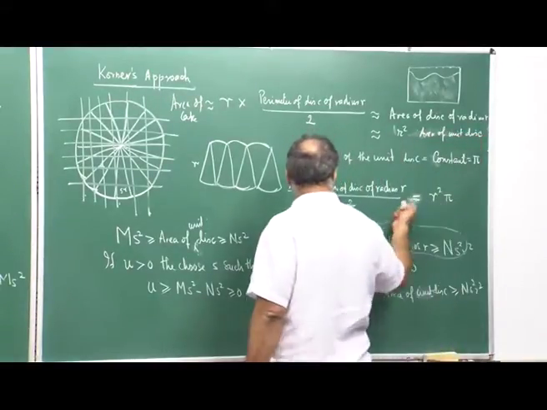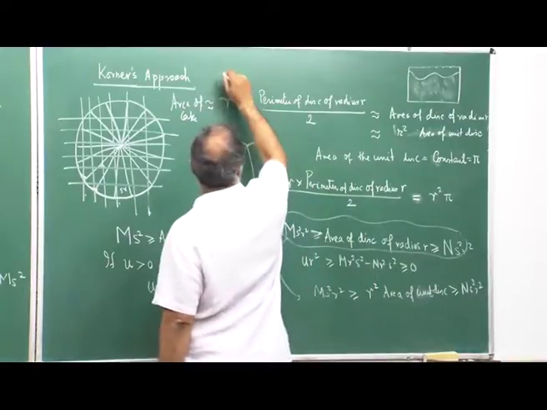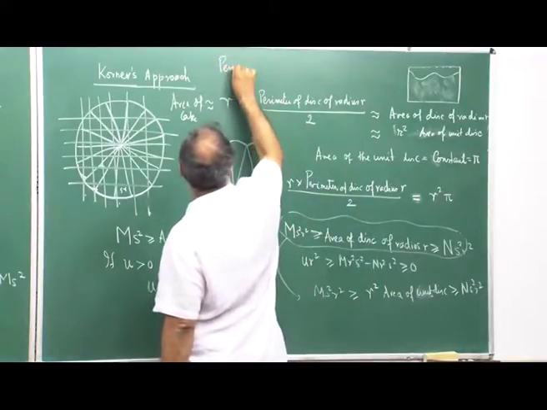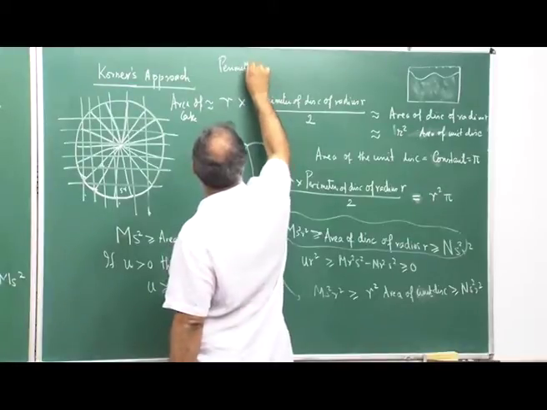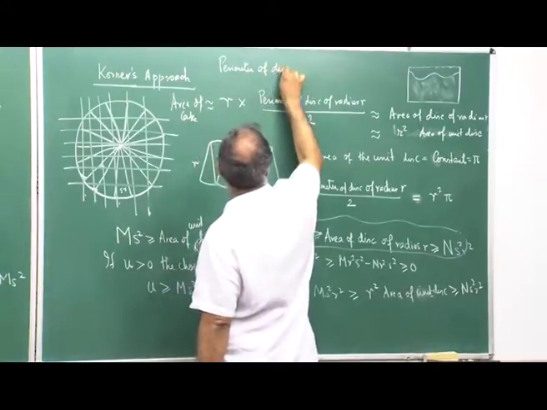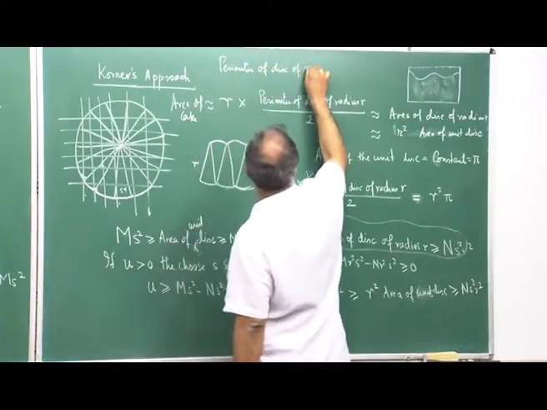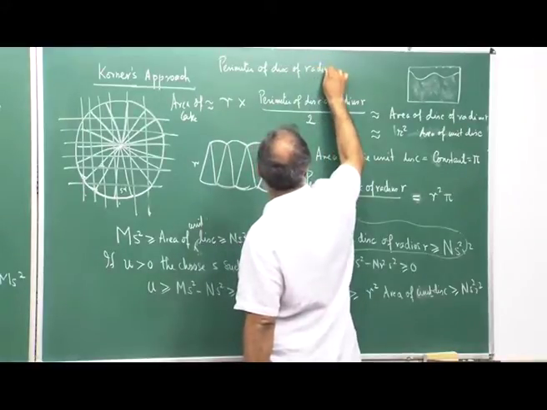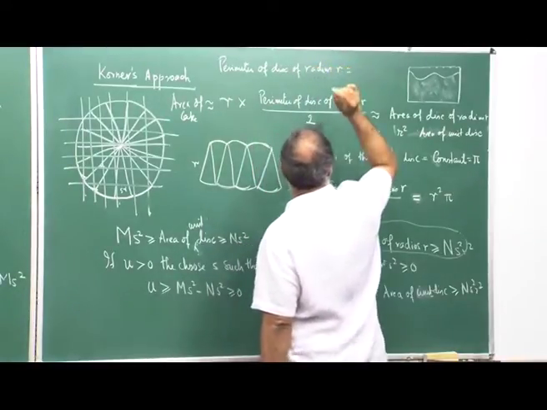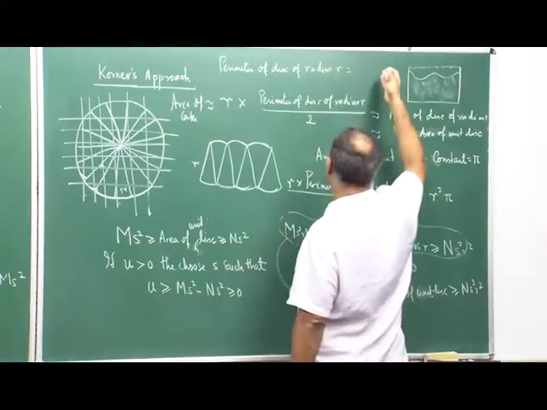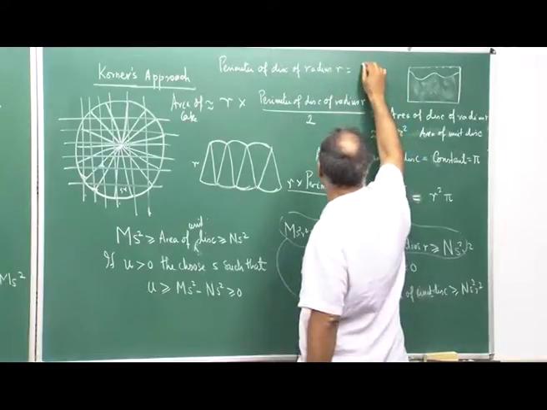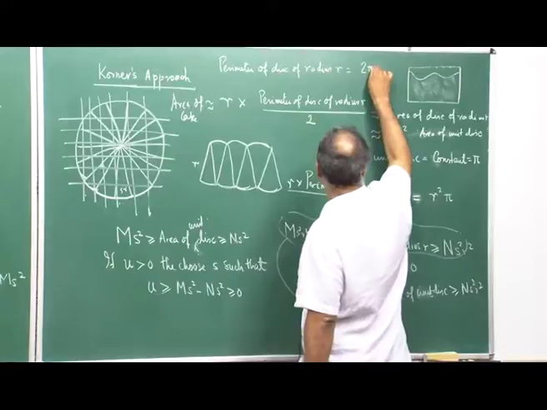Now what does it mean from here? It simply says that the perimeter of disk of radius r is equal to, or the circumference of the disk of radius r, perimeter is same as the circumference, is 2 pi r.